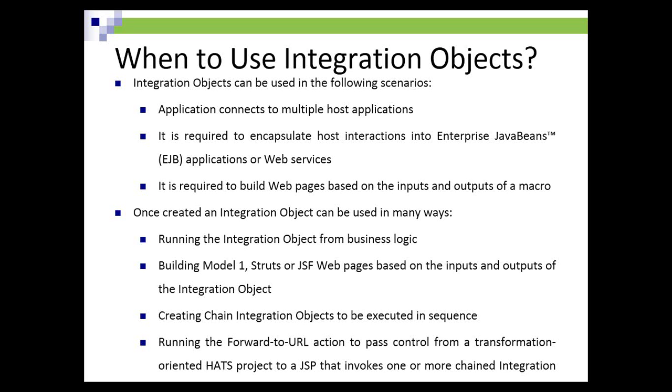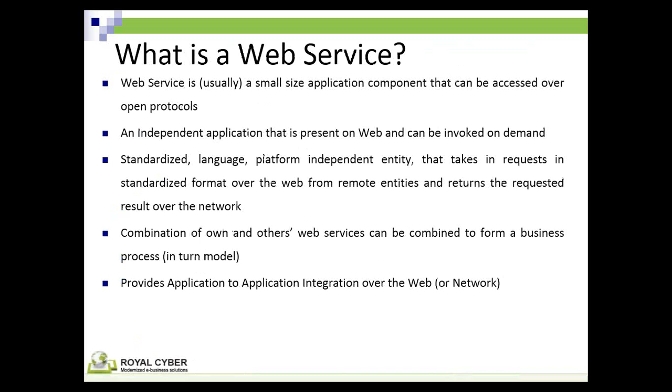You can create a chain of objects and include multiple integration objects in a chain. We are going to create a chain of integration objects in this demo. You can also perform the forward to URL action on the integration objects. So these are the basic uses of integration objects.